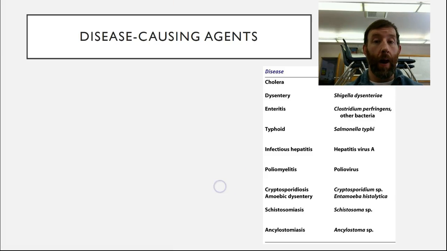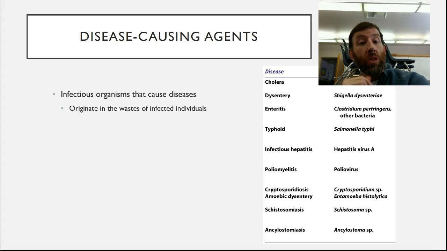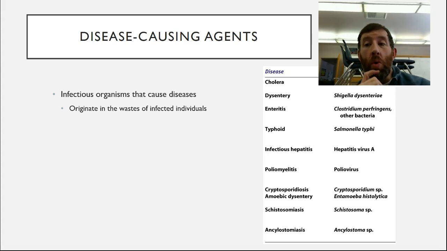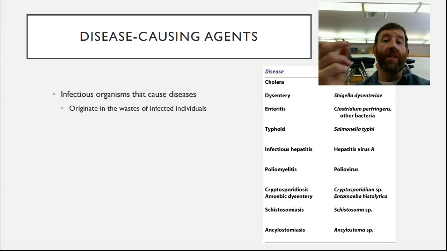All right. So the next type of water pollution is disease-causing agents. Mostly bacteria, but a few of them are viruses. The most common cause of the spread of these is water that gets human waste in it. So infectious organisms originate in the waste of infected individuals.